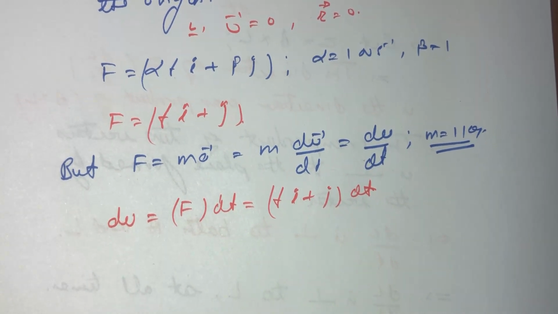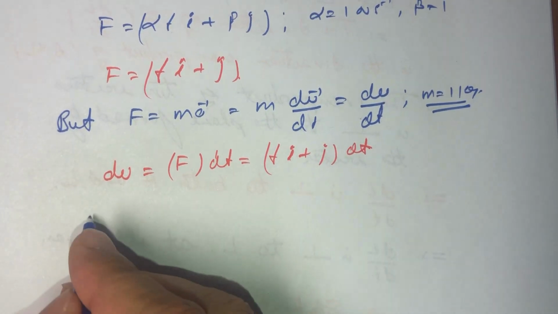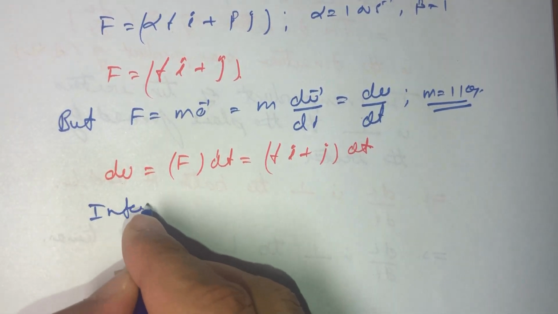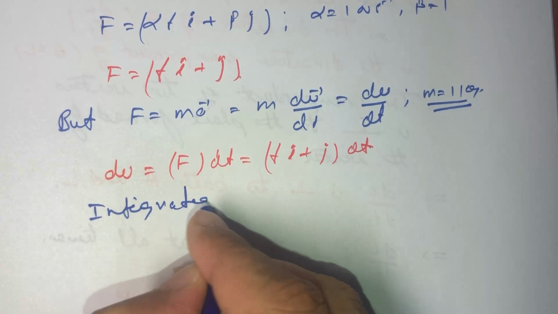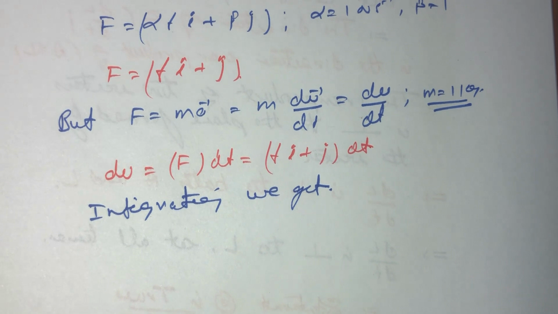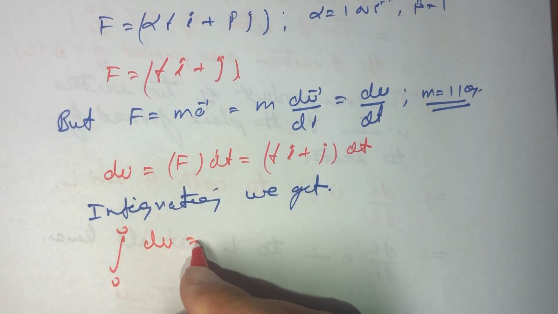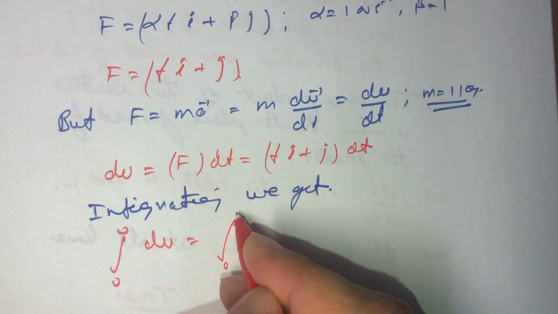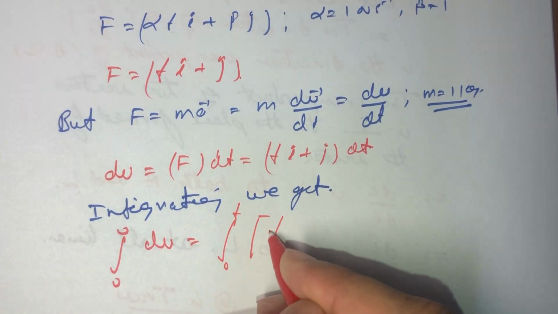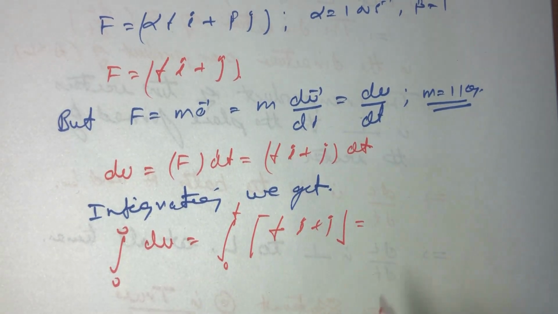So now we are going to integrate this equation for time 0 to t and velocity 0 to v. Integrating, we get the integral from 0 to v of dv equal to the integral from 0 to t of (t i + j) dt.